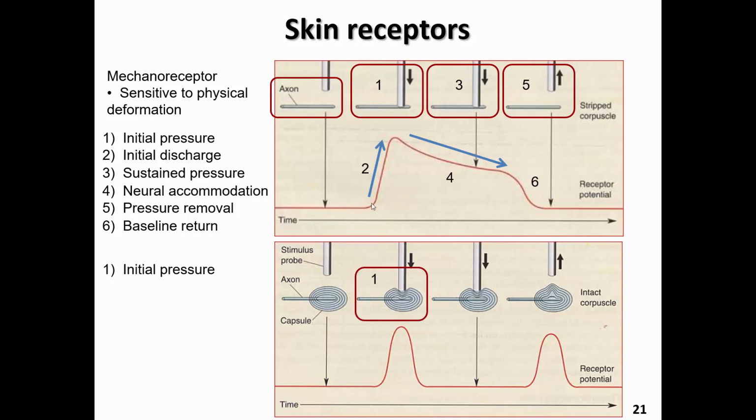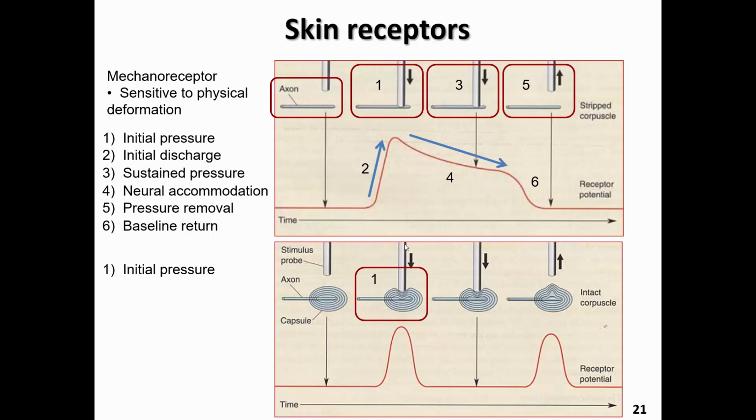Now, when we compare that to the Pacinian corpuscle, which is characterized by a relatively large number of these concentric rings of connective tissue interspersed with a thin film of viscous fluid, we see that we have no contact initially here, so there is no bioelectrical activity.